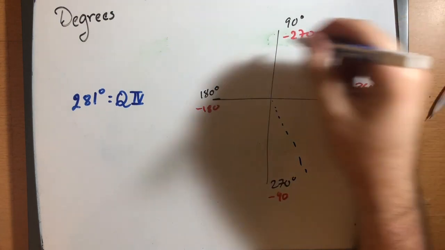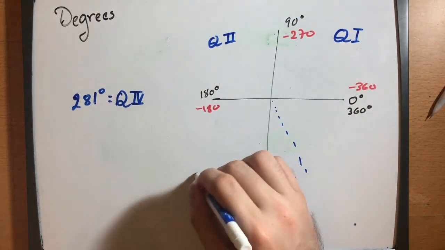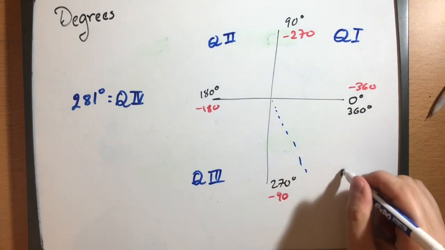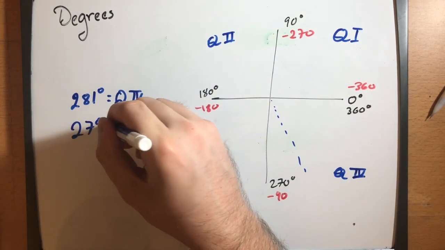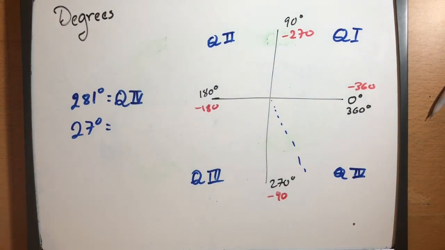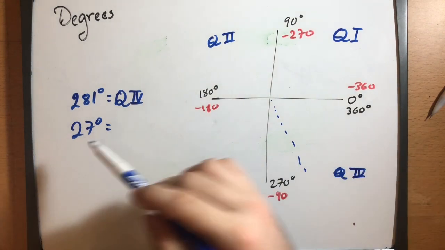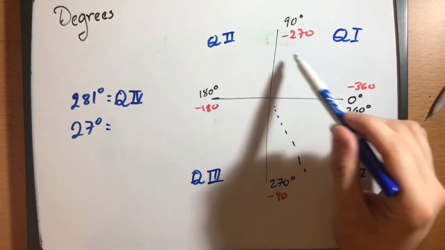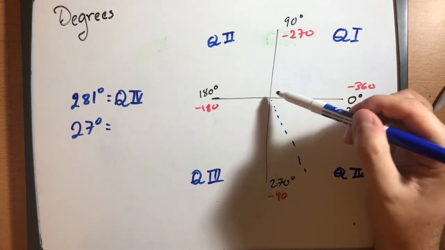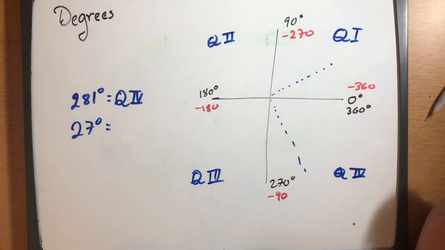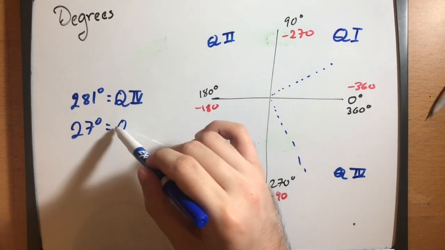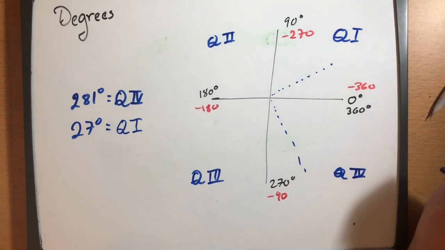Remember, this is quadrant 1, quadrant 2, quadrant 3, and quadrant 4. Let's take, for example, 27 degrees. What quadrant would that be in? Well, 27 is between 0 and 90 degrees. Therefore, that terminal side would have to be somewhere here in quadrant 1.